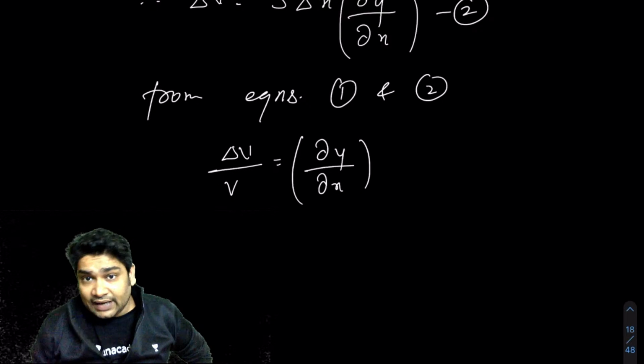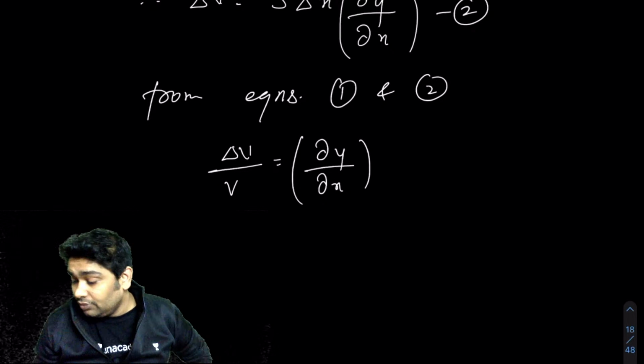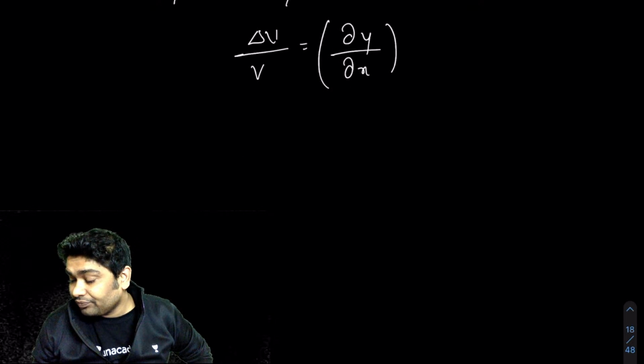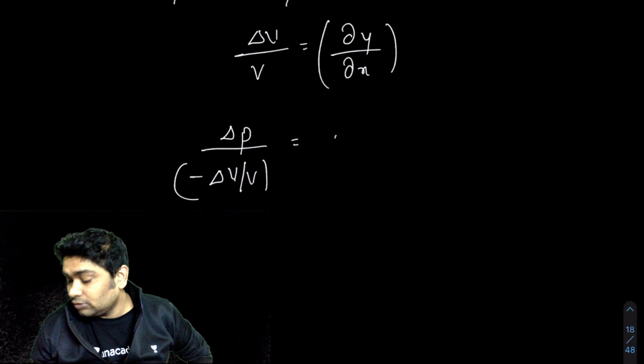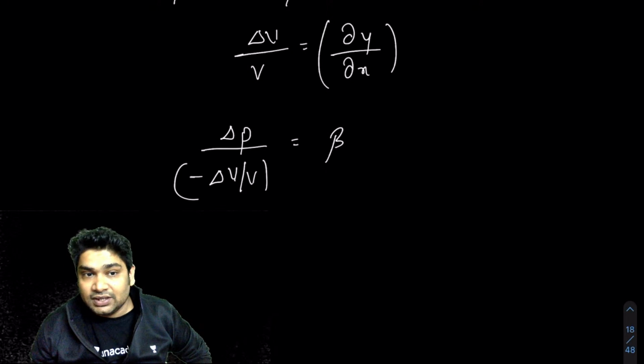Now, once I get this expression, you know that delta P over minus delta V by V is equal to beta, which is the bulk modulus. I hope you guys remember this.